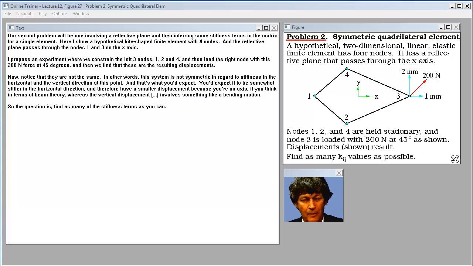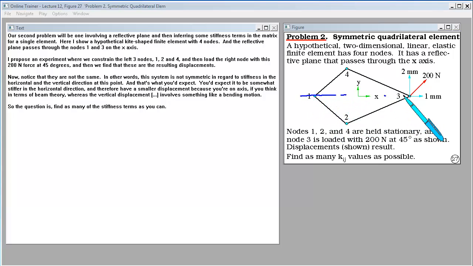Our second problem will be one involving a reflective plane and then inferring some stiffness terms in the matrix for a single element. Here I show a hypothetical kite-shaped finite element with 4 nodes, and the reflective plane passes through the nodes 1 and 3 on the x-axis.